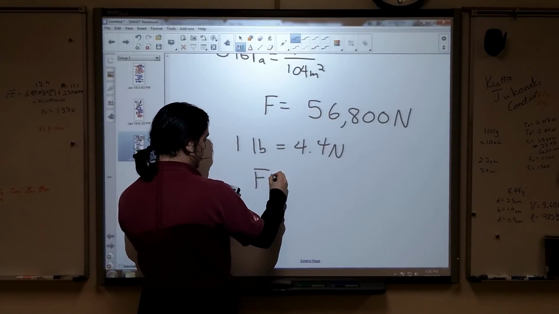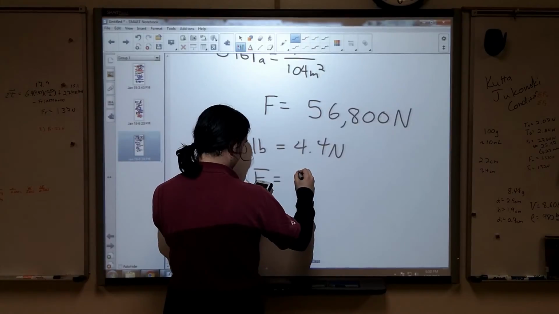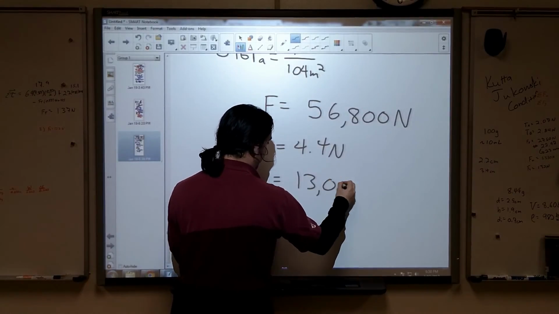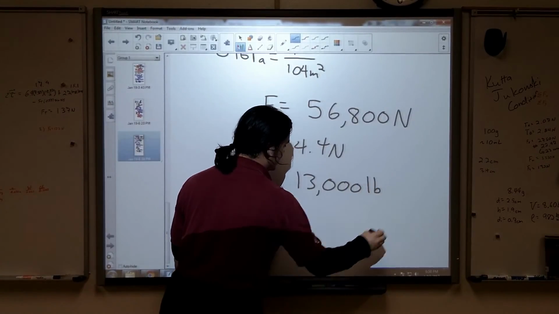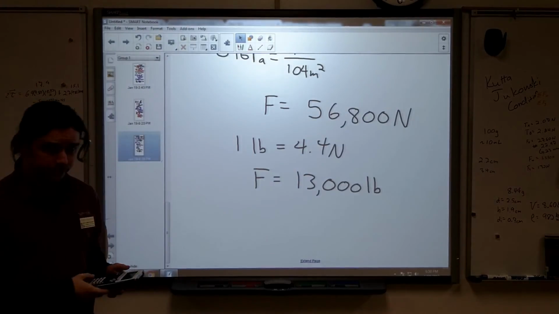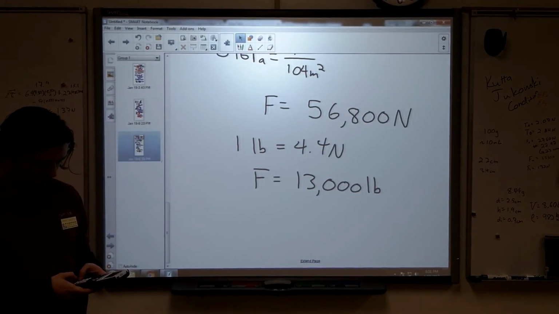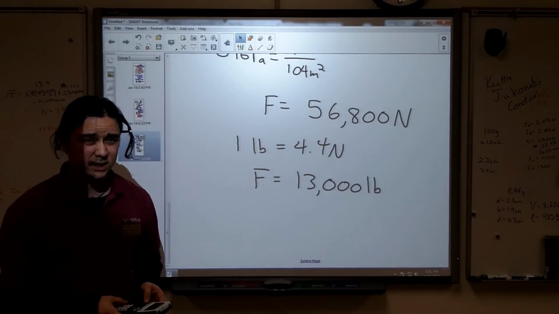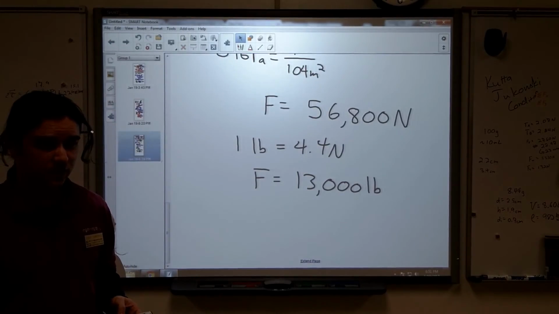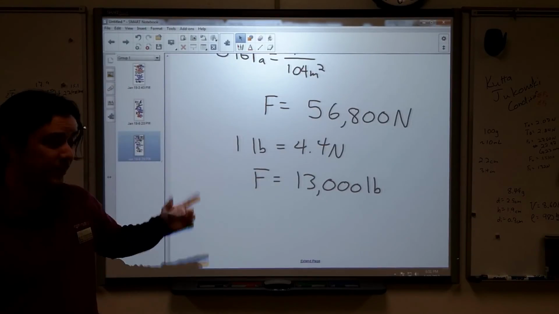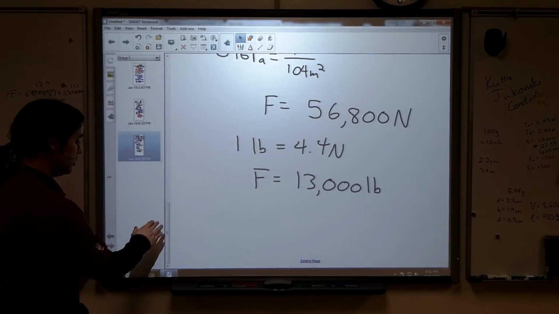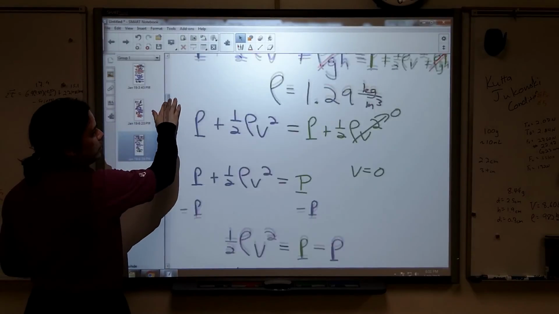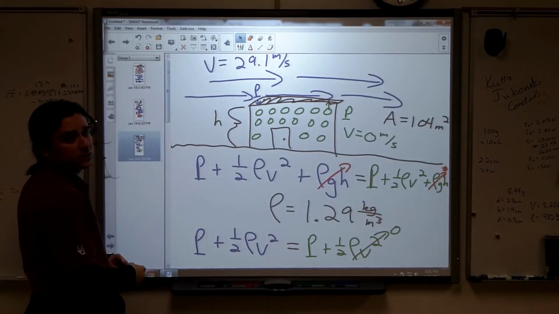This force that's on the roof is actually about 13,000 pounds. That comes up to about 6.5 tons. That's a lot of force. That's also why in very large windstorms or anything like that, you have weird things that can happen to houses.